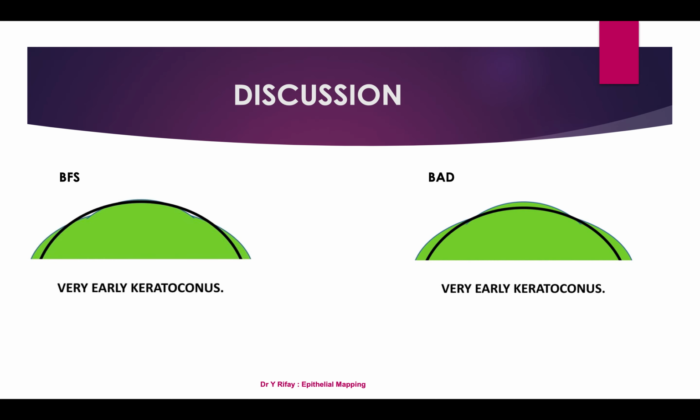Also, if we use the Belin-Ambrosio display, even if it gives a more enhanced view of the ectasia, the values are still in the normal range. That's why the posterior elevation, when it is abnormal in the early cases of keratoconus, cannot be detected by either the BFS mode or the Belin-Ambrosio display.